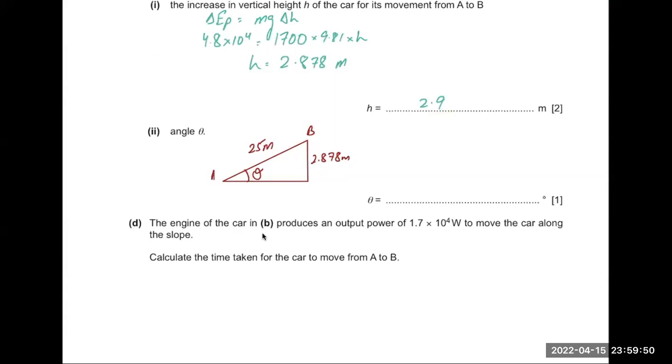So a simple question on trigonometry. Sine theta is equal to perpendicular, or opposite, over hypotenuse. So theta is equal to sine inverse of perpendicular, which is 2.88 or 2.878 or 2.9, upon the hypotenuse, which is 25.